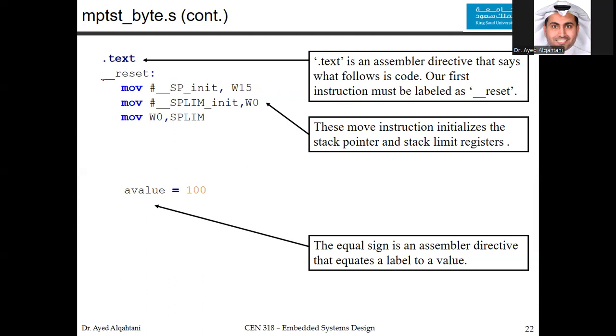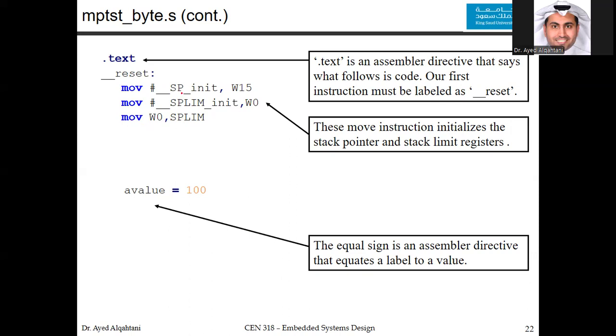After that, you have columns, and then you have your statements. At the beginning, you'll see these 3 statements, and you can see that you have SP, lim. We know that W0, W15, these are the working registers, and that's fine. But here we have SP something.